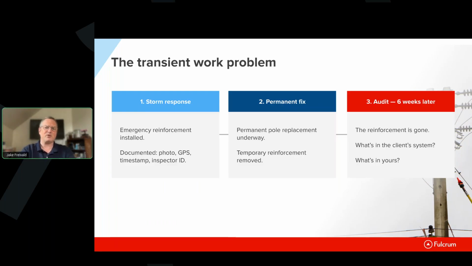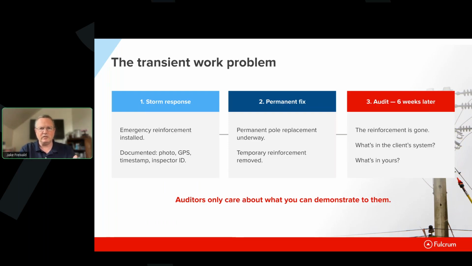And that data needs to be captured in a place where you can access it today. And the client's software stack is frequently not the best place to do that. So during that audit, what can you find in your system that you captured and you're able to bring to the audit versus what's in the client system? If you don't have that information, the auditors are not going to care that you say that you did what you did.